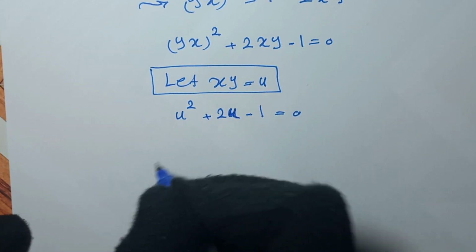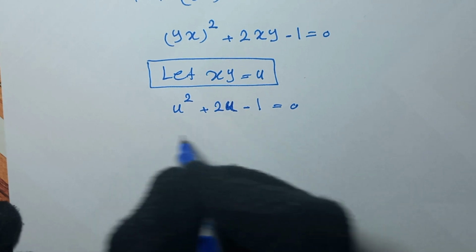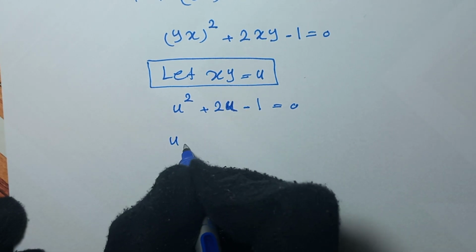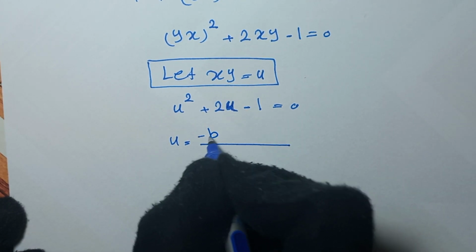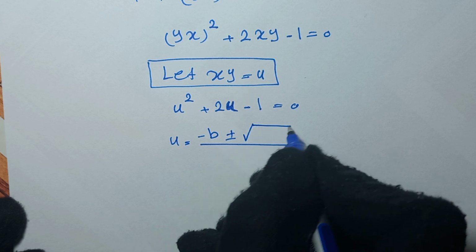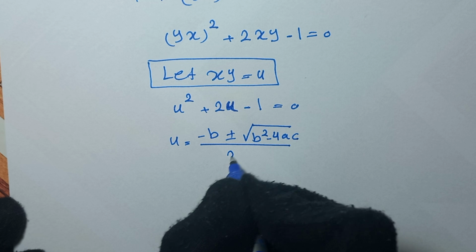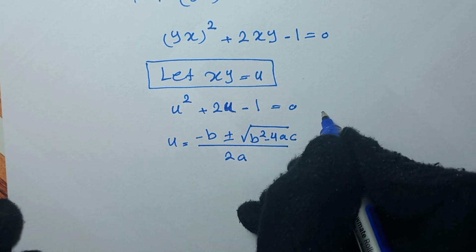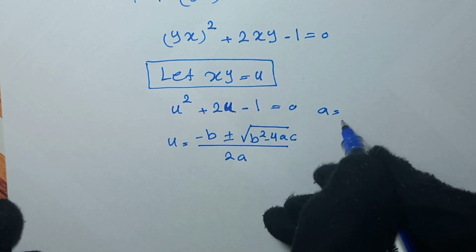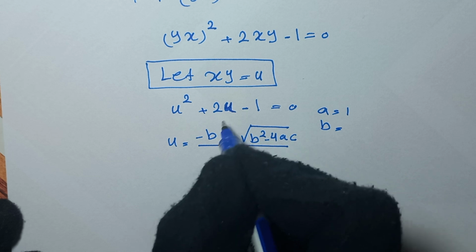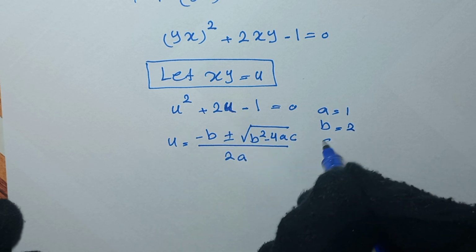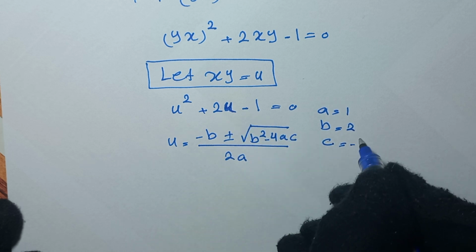Here we have a quadratic equation, and we use the quadratic formula, which is u is equal to negative b plus or minus the square root of b squared minus 4ac, over 2a, where a, the coefficient of u squared, is 1, b, the coefficient of u, is 2, and c, the constant, is negative 1.